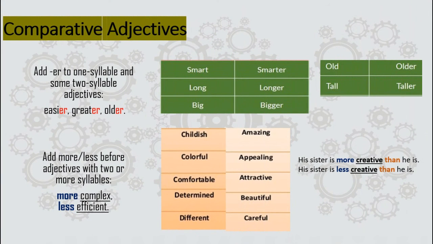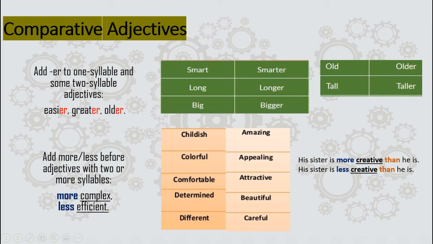So we have some rules about comparative adjectives. The first one is add er to one syllable and some two-syllable adjectives. For example, easier, greater, older, or maybe with these adjectives: smart, smarter, long, longer, big, bigger, old, older, tall, taller.